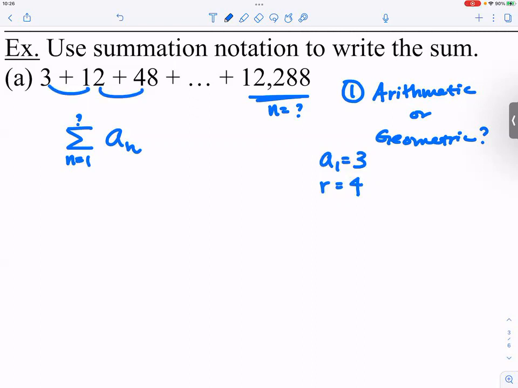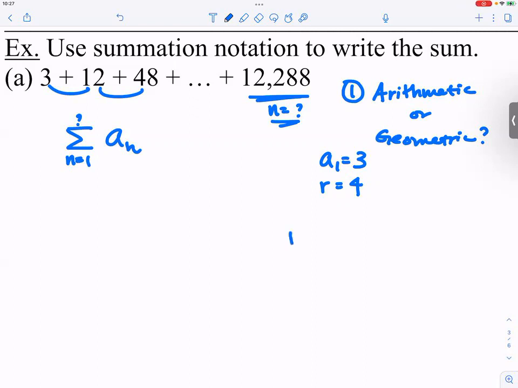So we got a good few pieces of information already, but we just need to find out what the n is, because we need to know how to put the upper number of the sigma notation. So we'd say, what's the n value? Well, if we know that it is geometric, we can do something.